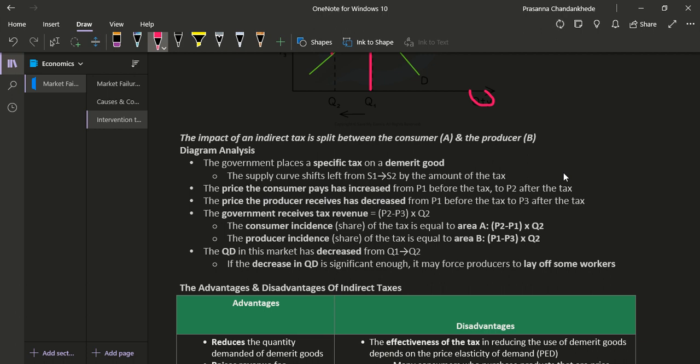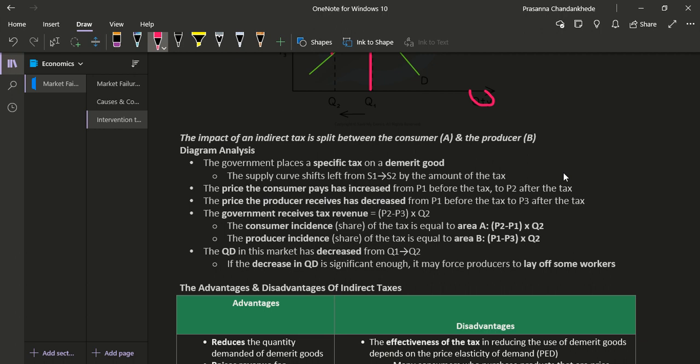Analysis: the government places a specific tax on a demerit good. The supply curve shifts left from S1 to S2 by the amount of the tax. The price the consumer pays has increased from P1 before the tax to P2 after the tax. The price the producer receives has decreased from P1 before the tax to P3 after the tax.